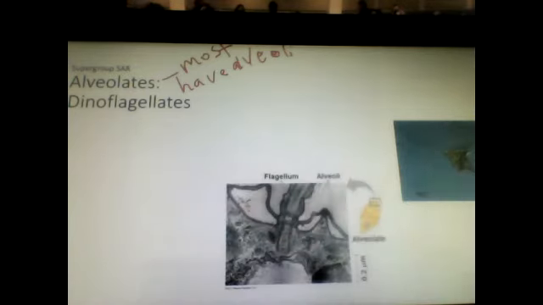Some people think that its function is to help regulate water levels, like tonicity within the cell. Some people think it has to do with ion content, kind of like kidney stuff. Some people think it has to do with stability because they're found around the flagella. So you can see here it's at the end around where the flagella is, so it might help with stability. We don't really know. Most of them have it though, most of them.